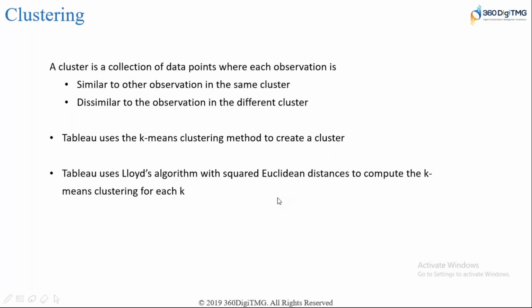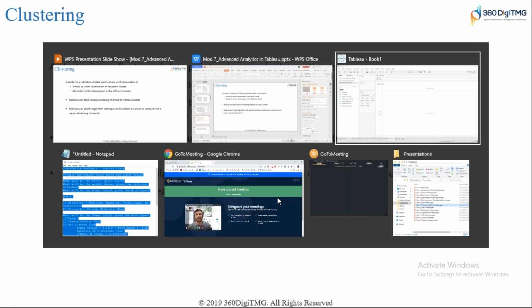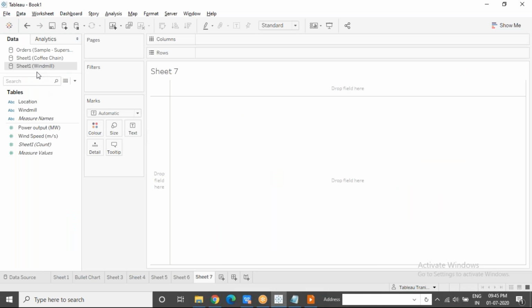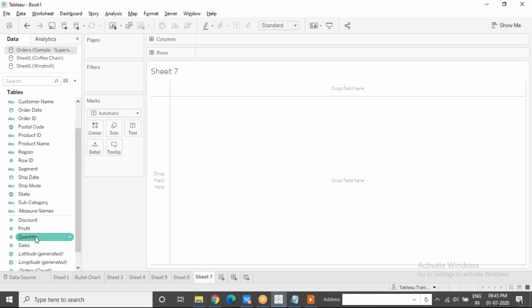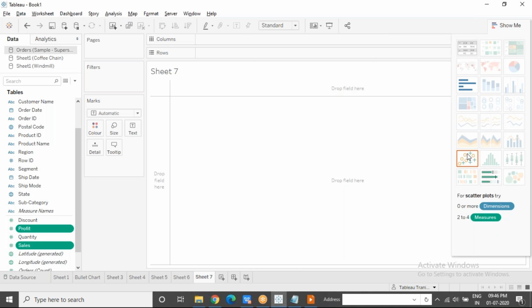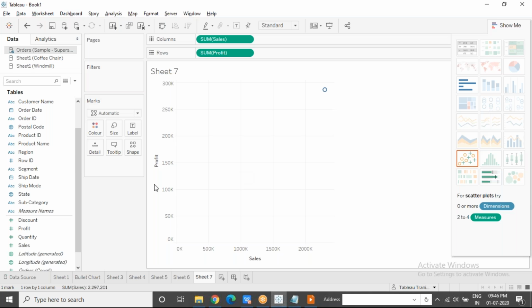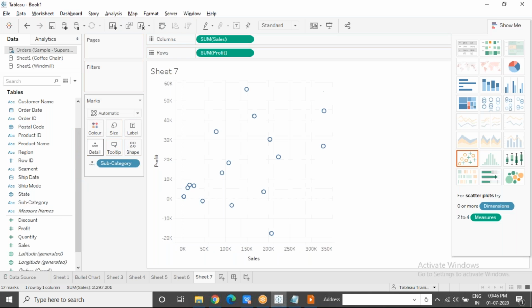So how do we do this? Let's do it with an example. Let's say profit versus sales only we will take, and we will take our scatter plot itself. And let me look at this data for different subcategories. It is too wide.